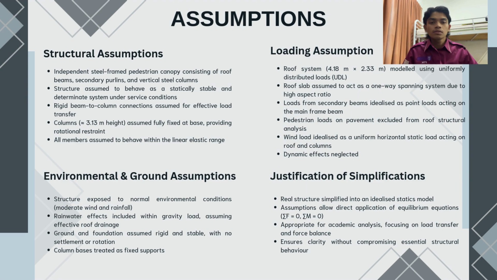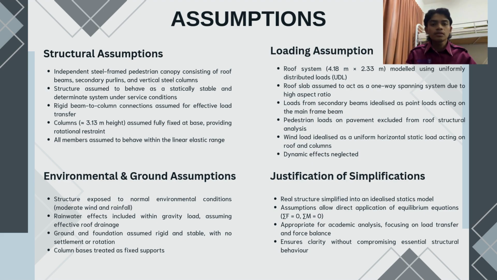The vertical columns with an approximate height of 3.13 meters are assumed to be fully fixed at their base, providing adequate resistance against bending moments caused by gravity and wind loads. All structural members are also assumed to behave within the elastic range throughout the analysis.